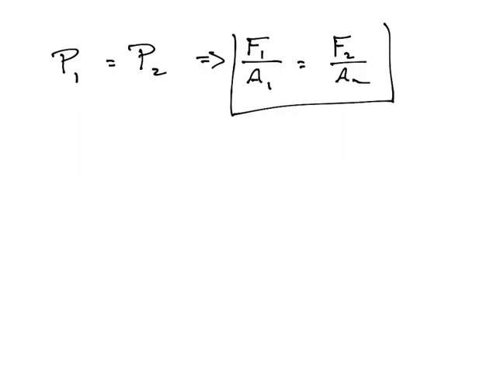The other equation is that the volume of water pushed by piston 1 must be the same as the volume of water pushed by piston 2. And of course, the useful bit of this equation says that the area of piston 1 times how far you have to move it is equal to the area of piston 2 times how far it's going to move.